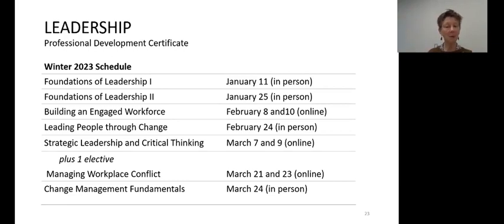So you can see some of them are in person and some of them are online. When it has those 2 dates, that's because it's 2 half days. And specifically what we talked about today was pulled out of Leading People to Change, Change Management Fundamentals. And then there's another course, actually, that's not part of this certificate program. It's about evaluating change. So that was us for today.